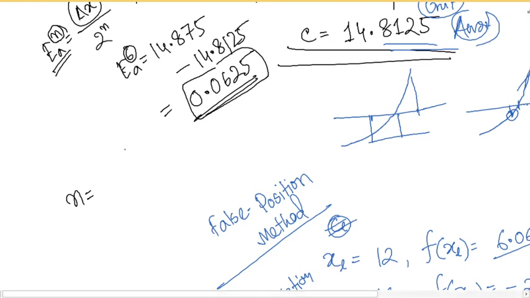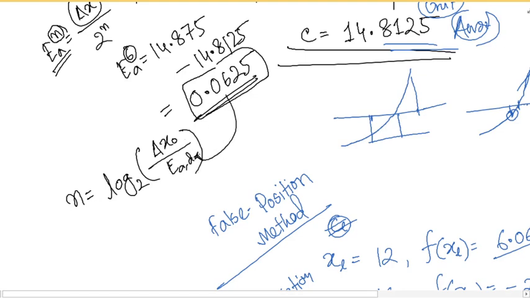So n equals log base 2 of Δx0 divided by EAn, that is, we have found this one here, and Δx0 is the difference between XL and XU.